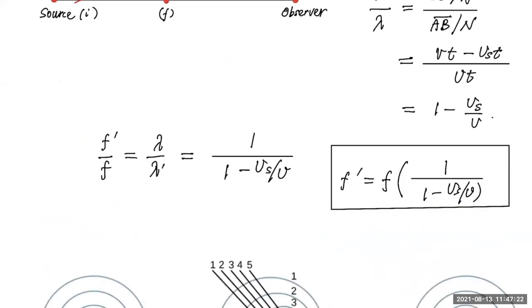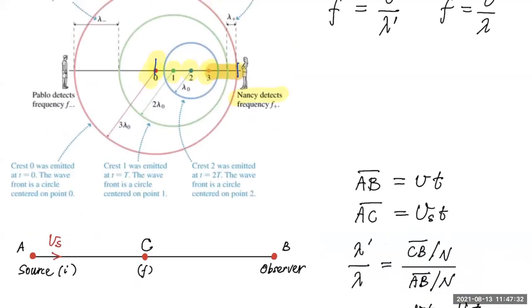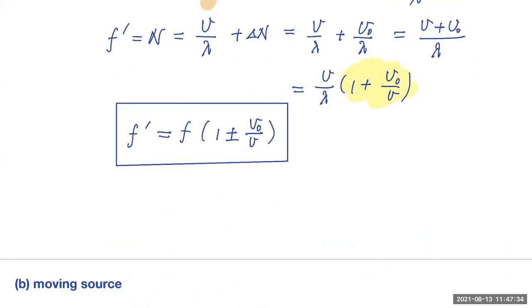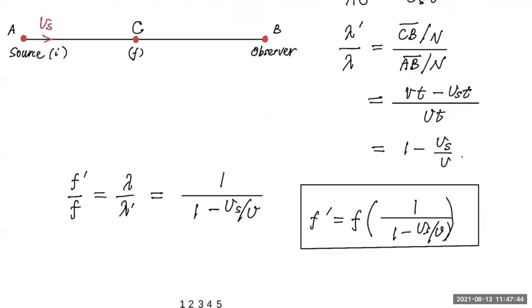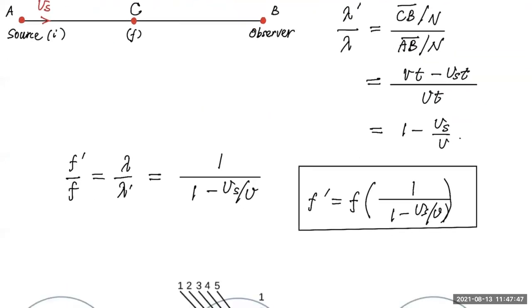In this one, the correction is in the denominator, whereas in the first case, the correction is in the numerator, where you have 1 plus something. So the answer is different.